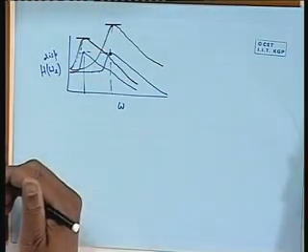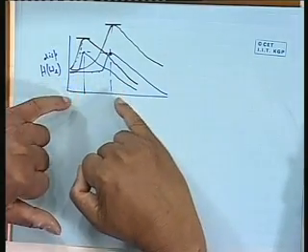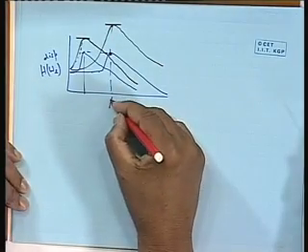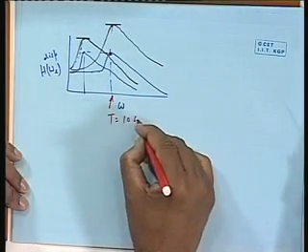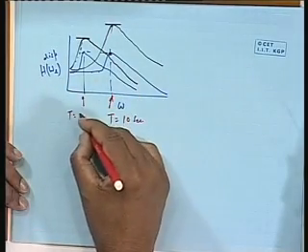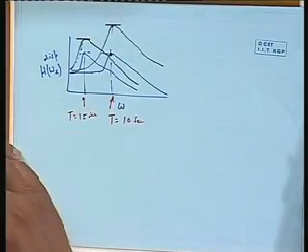In other words, this is interesting because if I have a ship, let us look in terms of period. Let us say this higher one is at T equal to 10 seconds. Obviously, this other one is at a higher period, T equal to say 15 seconds, because of lower frequency.